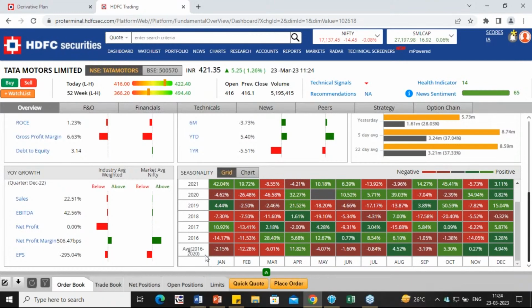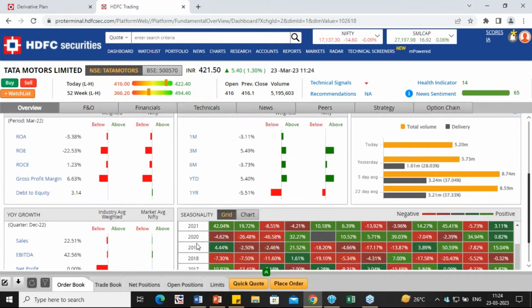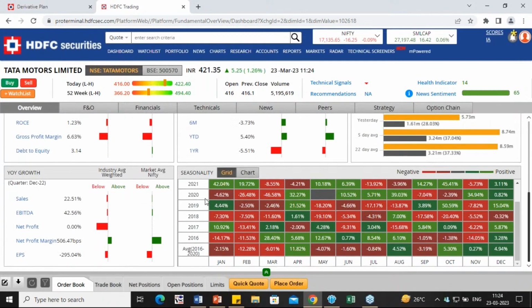As you can see, we have considered data from the year 2016. Row-wise, this is the year, and column-wise, it's the month. So in 2016, Jan, then 16, 17, 18, 19, 20, 21 is the year, and select Jan, Feb, March, April, May.